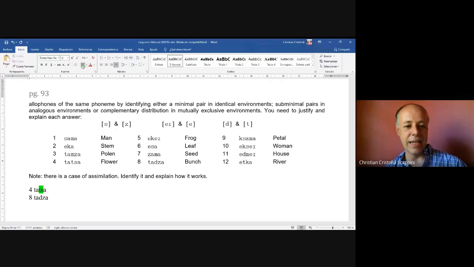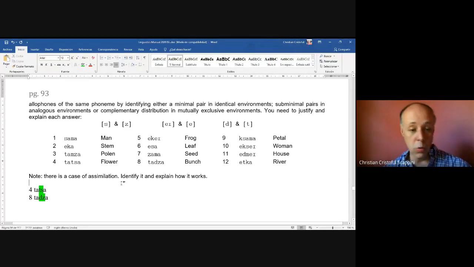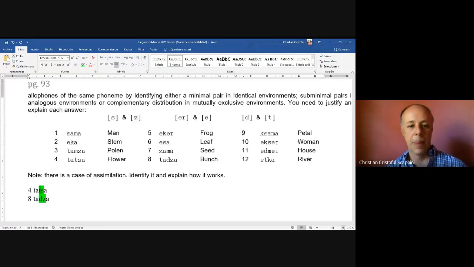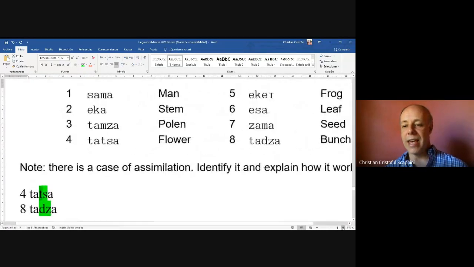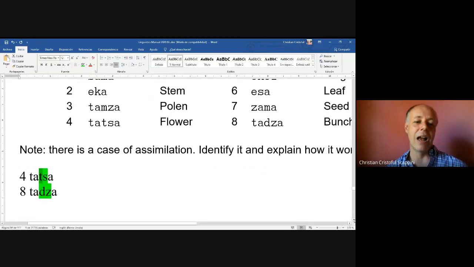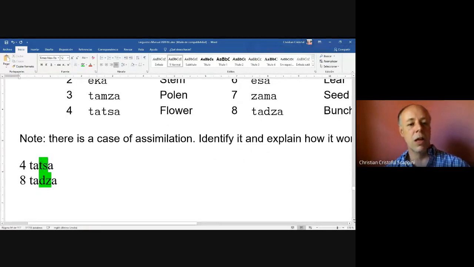Here we have TS and here we have DZ. Okay. We know that the T is an alveolar sound. We also know that the S is also an alveolar sound. So alveolar with alveolar, very good.